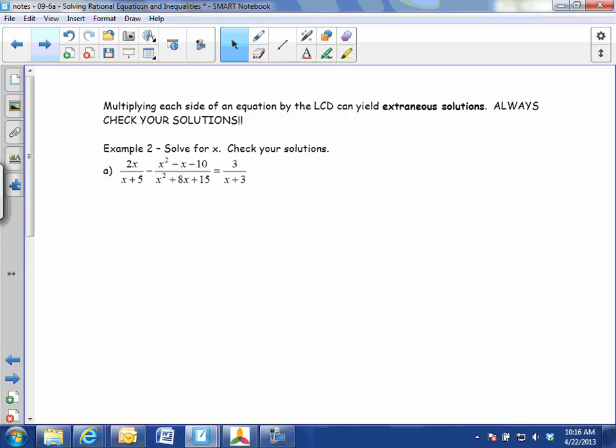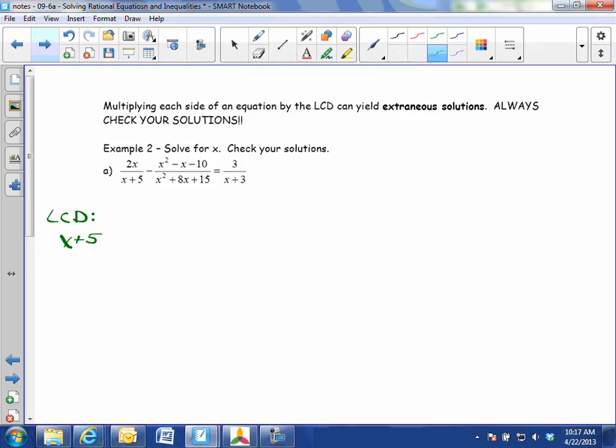Alright, again, just like I said, you have to make sure you check because sometimes you get extraneous solutions. With these types, you're going to do exactly the same thing. Factor at the bottom, make sure you find the least common denominator. So if I'm looking at this first denominator, what are its factors? Just x plus 5.